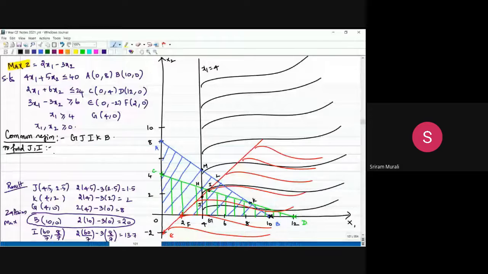Take x1 is equal to 4. 3 into x1 minus 3 into x2 is equal to 6. x1 is equal to 4. If I substitute, what is x2? 12 minus 3x2 is equal to 6.